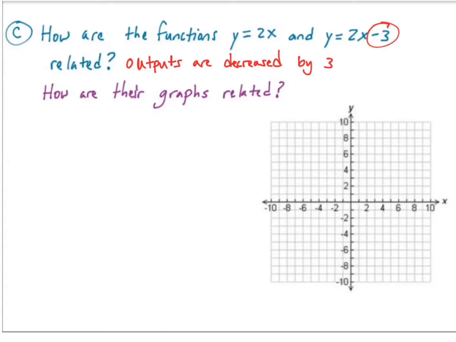And so from a graphical standpoint, I don't even need to graph this to know what's going to happen. I know that y equals 2x minus 3 is translated down 3 units.